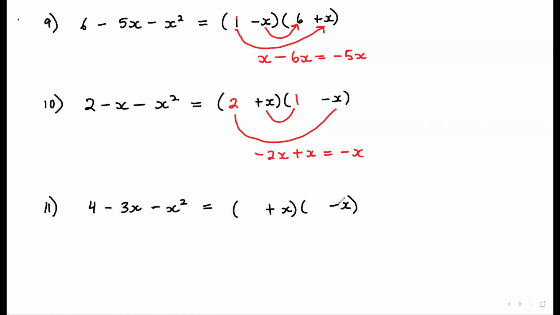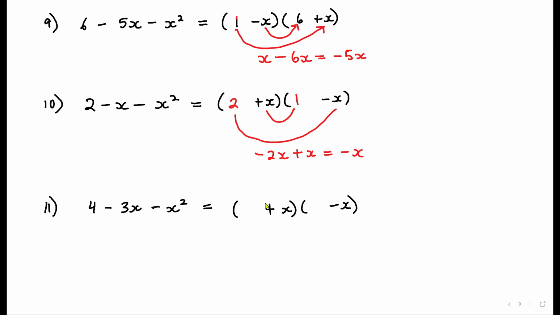Now I need to choose the two factors of 4 that would add or subtract to give me negative 3. Now, the factors of 4 would be 1 times 4 or 2 times 2. 2 and 2 cannot give me 3. So it has to be 4 and 1. And I need to decide where I put the 4 and where I put the 1.